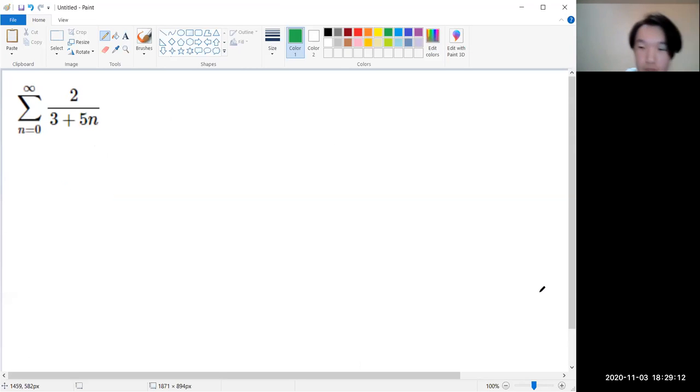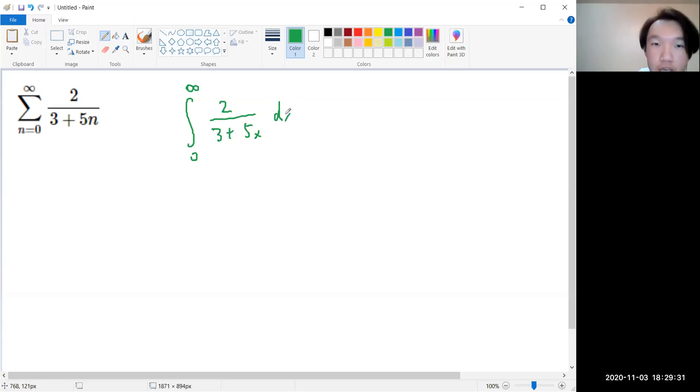So assuming that all three conditions are met, we are able to do the integral test, which says we can do the integral from 0 to infinity of 2 over 3 plus 5x dx.